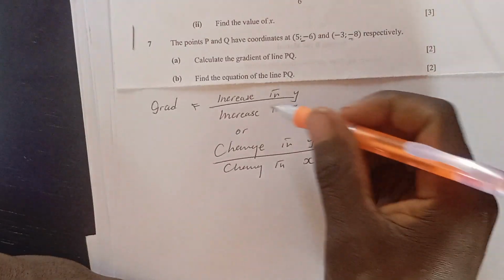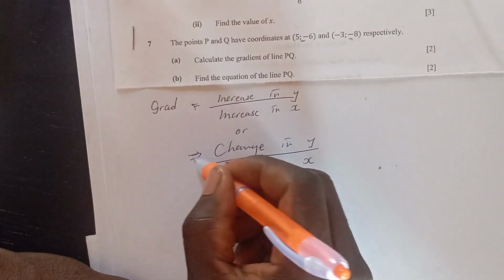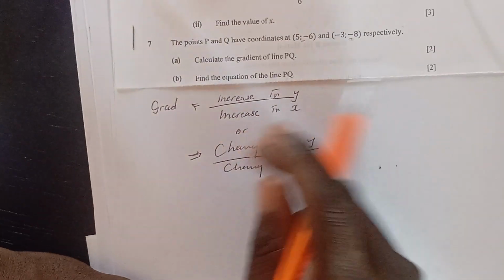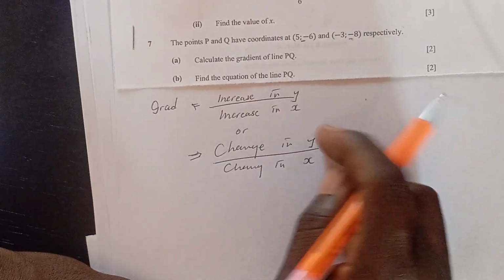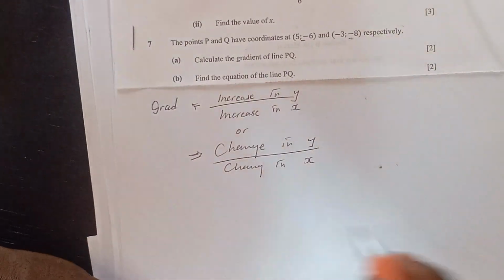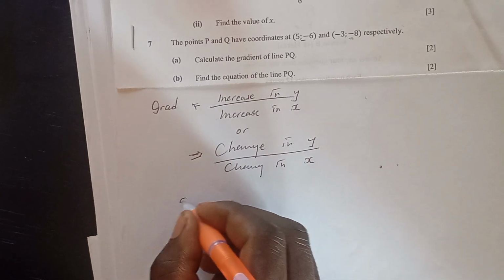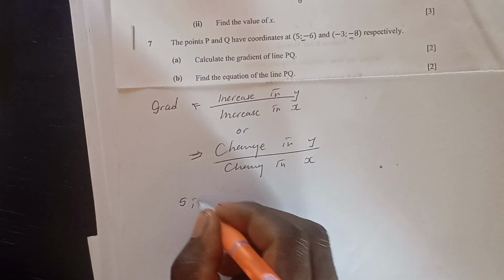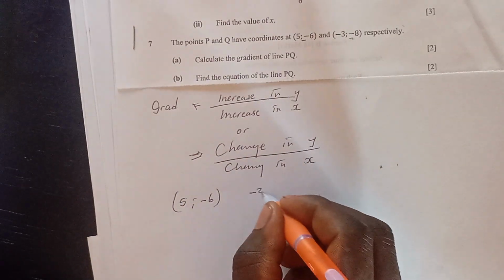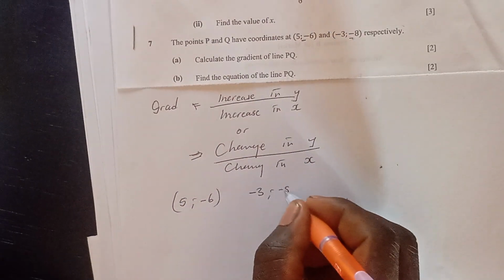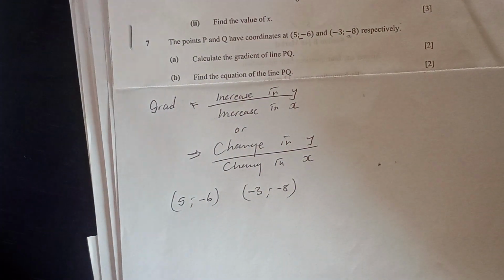Alright, so these formulas are the same: change in y over change in x, or increase in y over increase in x. So what you need to do is rewrite the coordinates, which is -3, -8.